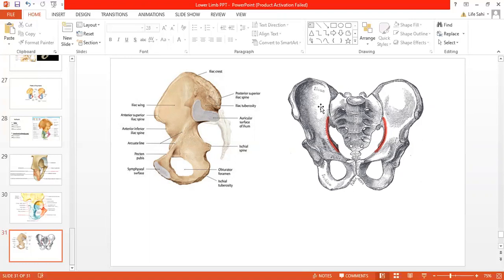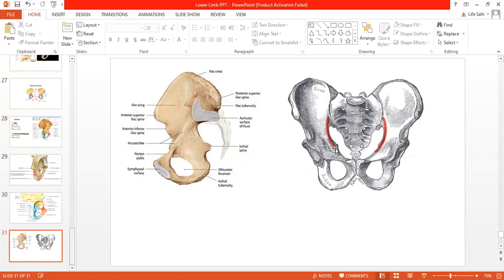As you can see in this diagram, the arcuate line is continuous superiorly with the medial border of the ilium, whereas inferiorly it is continuous with the superior border, also called the pectineal line or pecten pubis, of the superior ramus of the pubic bone. This line is called the arcuate line.